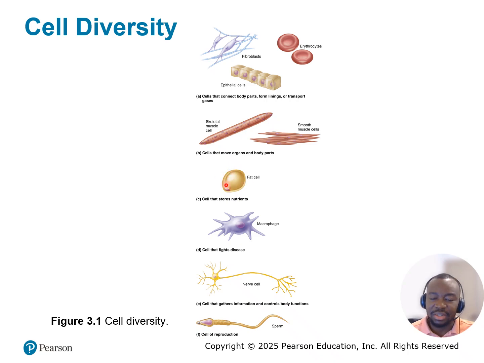Examples are fat cells or adipocytes. Figure D shows cells that are involved in immune responses and fighting off invasion by pathogens, for example, macrophages. And figure E shows cells that are involved in information gathering, processing, and controlling of body functions, like neurons and nerve cells. And finally, figure F shows cells that are involved in reproduction, for example, sperm.